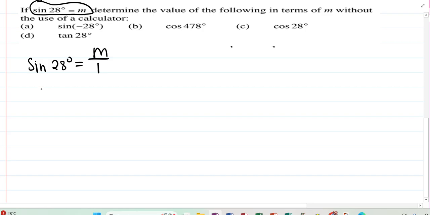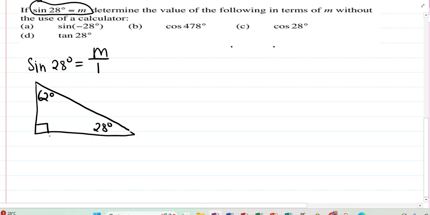After dividing it by 1, I draw a diagram and put in all the angles. I know that the sum of angles in a triangle adds up to 180 degrees, meaning that if this is 28, this one has to be 62 degrees.